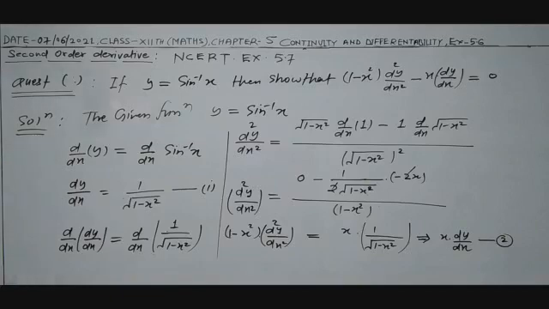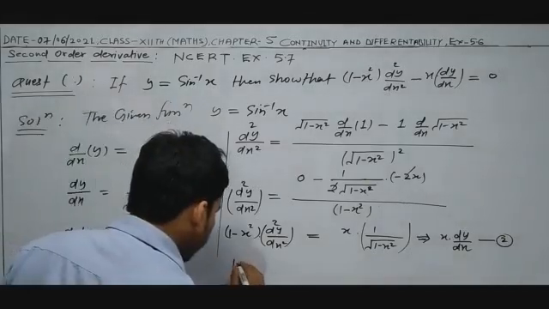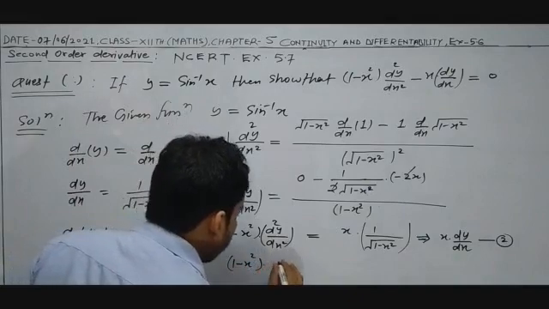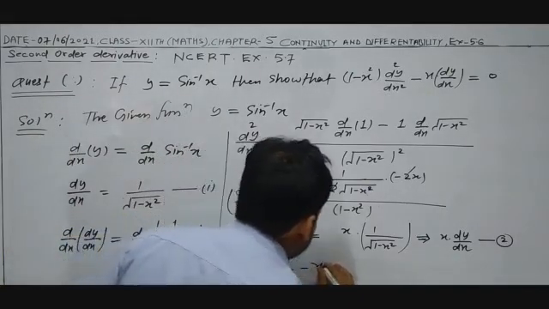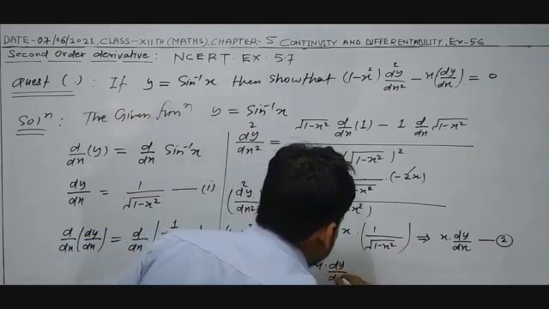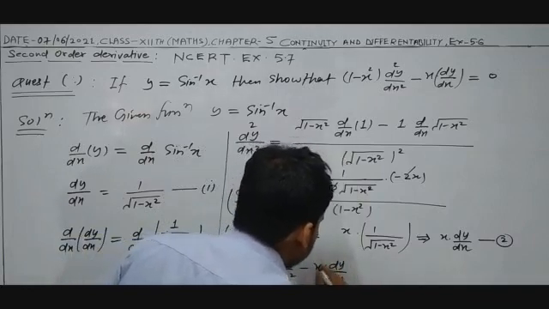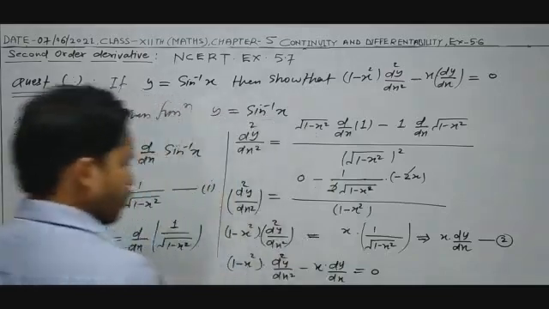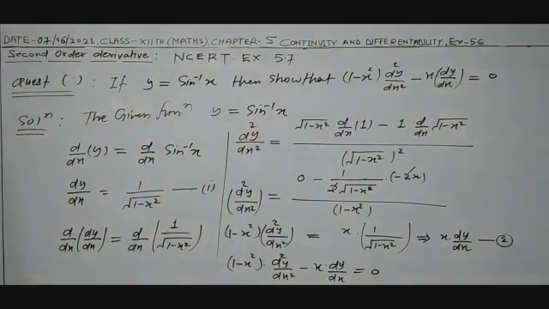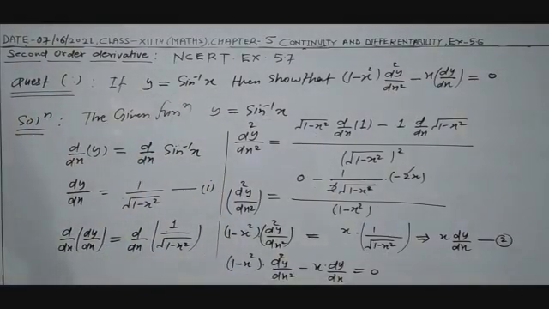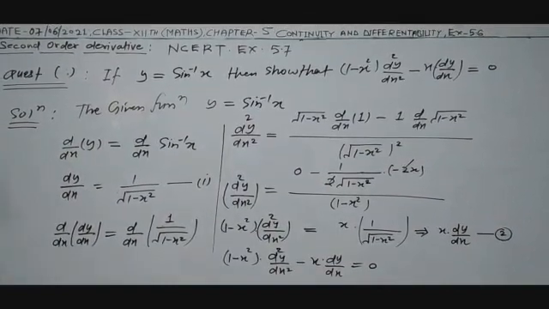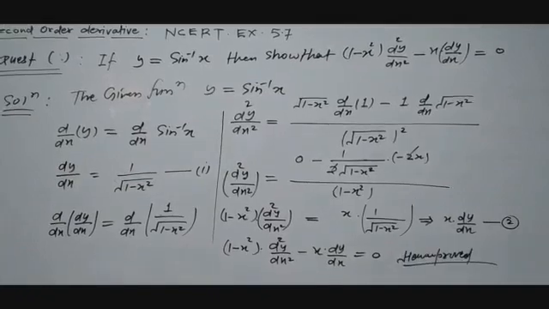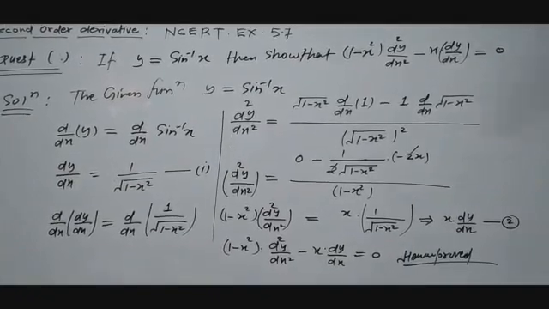So the expression will be 1 minus x square d2y by dx2 minus x times dy by dx is equal to 0. So this is our proof. Hence proved.